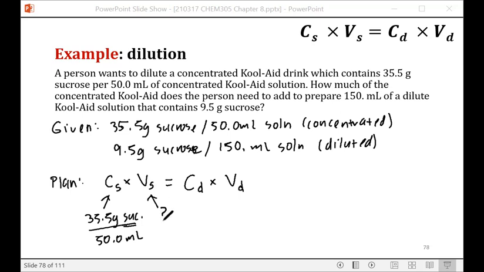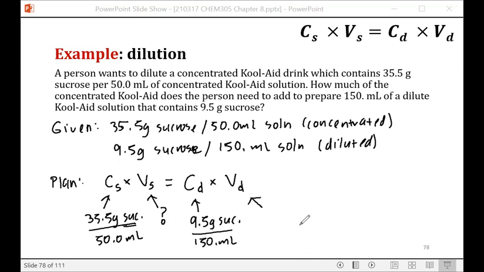We're trying to find how much of this concentrated solution we're going to need to mix in to make our dilute solution. So that's our question mark. The concentration of my dilute solution is that we want it to end up with 9.5 grams of sucrose for every 150 milliliters of solution.